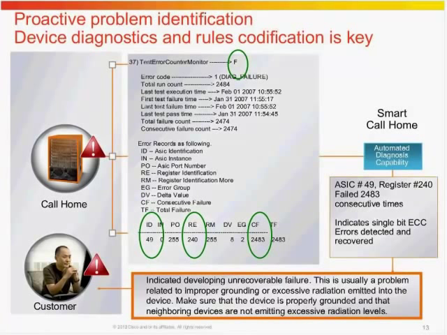Once received from the device, Smart Call Home automated diagnosis capability uses Cisco intellectual capital to match the precise diagnostics from Smart Call Home with actionable recommendations.